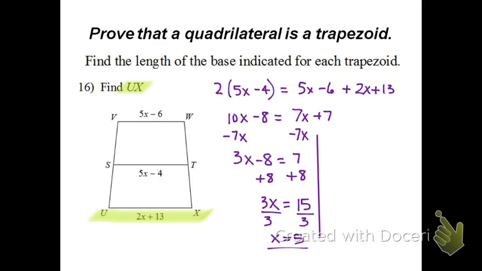So let's plug in the x. Alright, 2 times 5 is 10, plus 13, we have 23, so that means side UX is 23 units long.